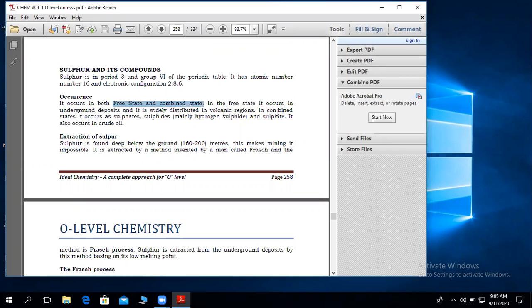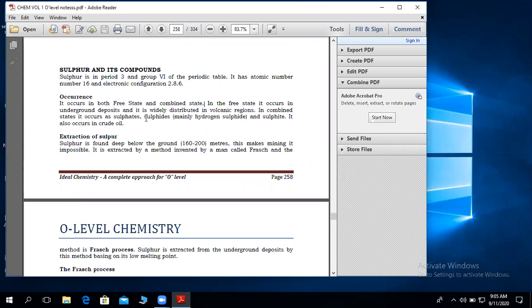Now it can also occur in other compounds, when it is combined with other elements. For example, in sulfates, take an example of copper(II) sulfate. In that formula, you realize that there is a symbol of sulfur. So sulfur can occur in such compounds.